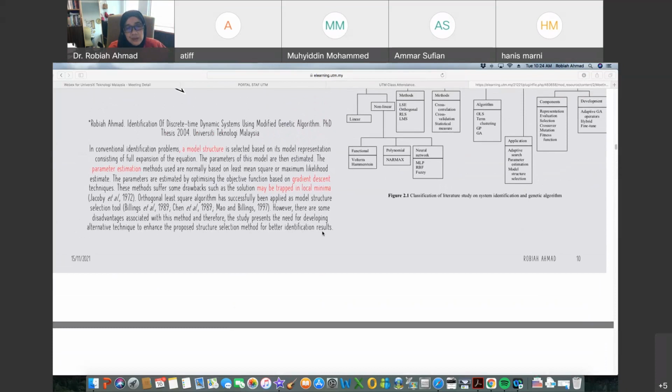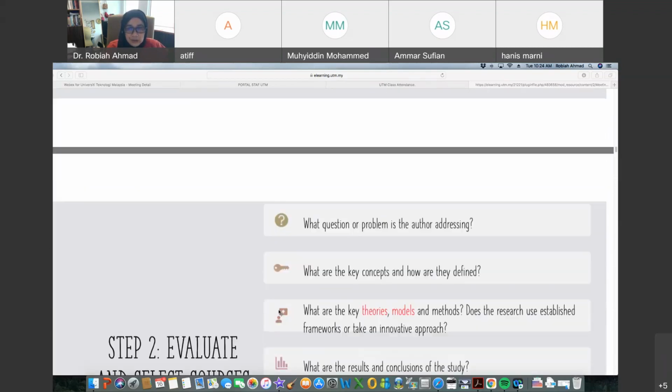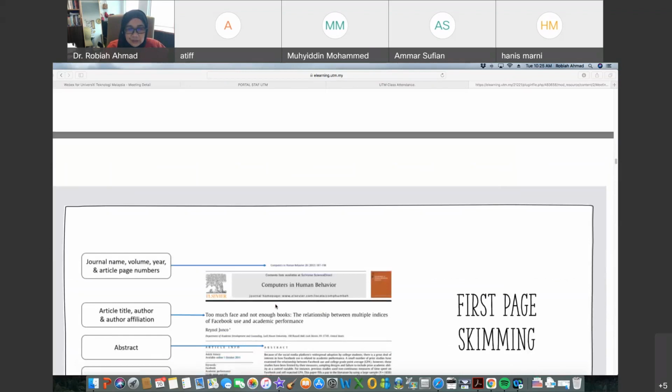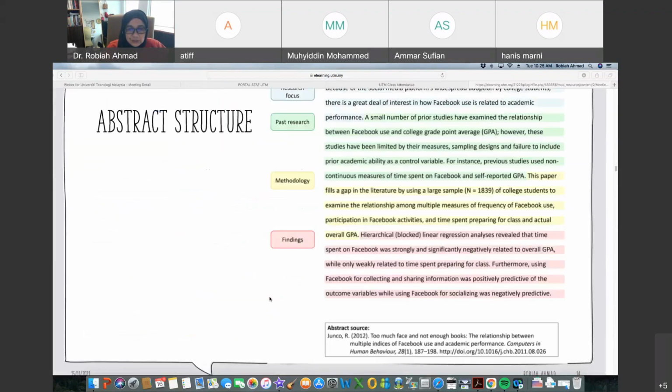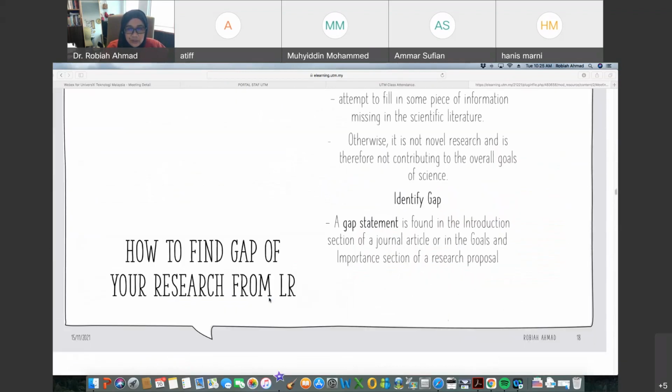So this is how I put the gap and the fields together. So now, do you understand that? Hopefully you can do your gaps and fields.